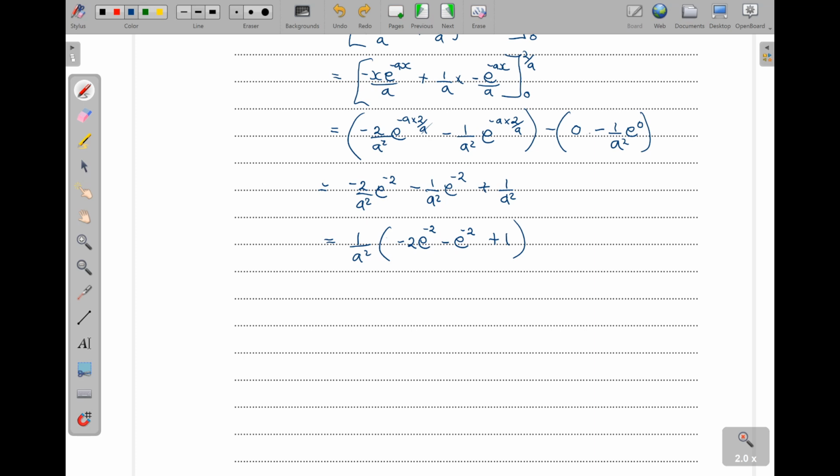So let me write the final answer, 1 over a squared. Since this one is positive, I'll write it as 1, then minus 3 e power negative 2. So I can write this as 3 over e squared, or you can write 3 e power negative 2. No problem, it's all the same. So this becomes our answer.